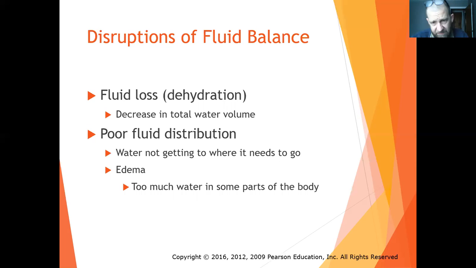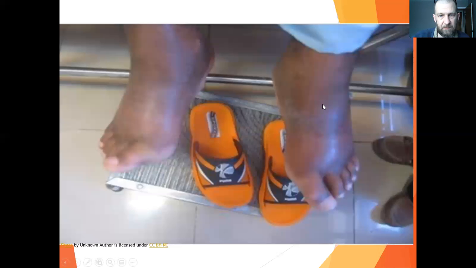Water's not going where it needs to go. Edema is too much water in some parts of the body. Normally, as we said, we're going to see that in the lower legs. We can also see it in the arms, past the elbows, down by the wrists and hands. You can see swelling there. It's called edema, and we'll need to know what that is.